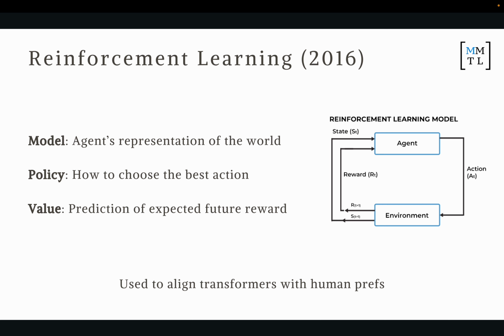The first was the model, which is the agent's representation of the world. The policy, how to choose the best action. And then the value, which is the prediction of the expected future reward. Okay? So this led to the ability to solve really complex environments that we didn't expect to be able to solve, right? For example, training an AI team to play Dota is actually really complicated, right? And so you need something like reinforcement learning in there, right?